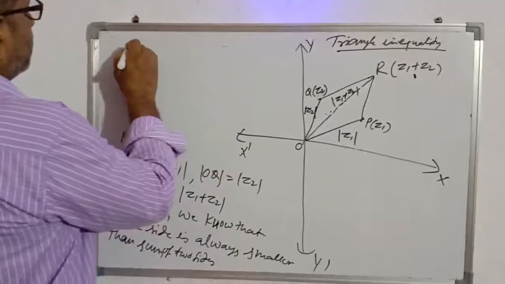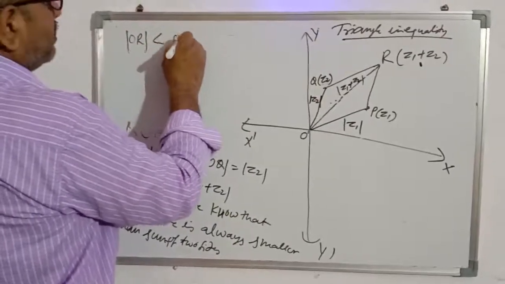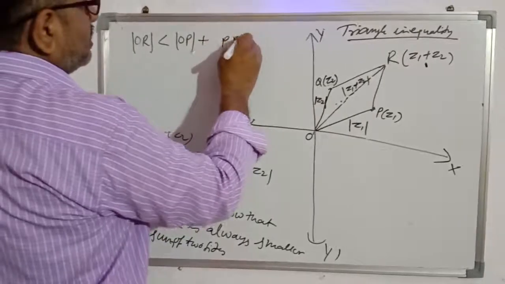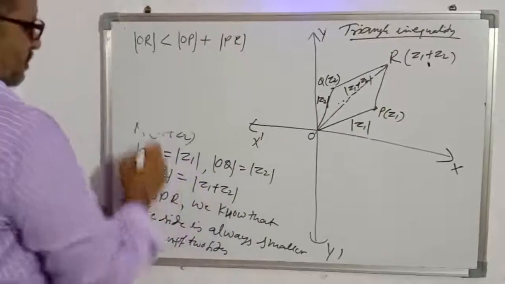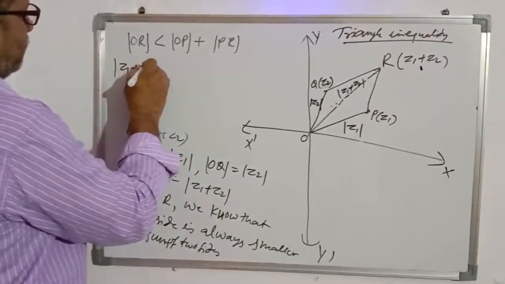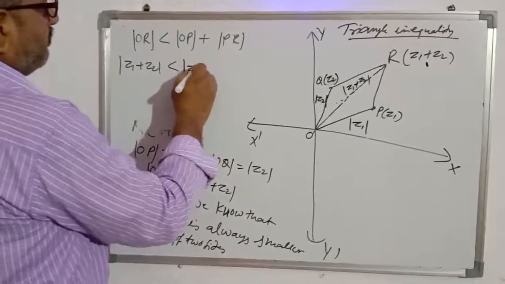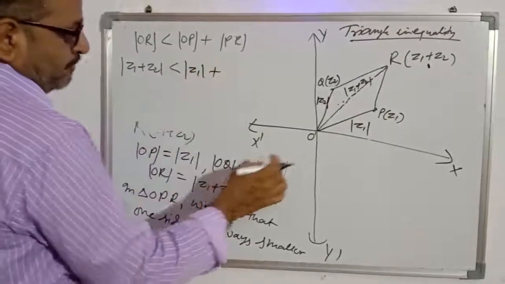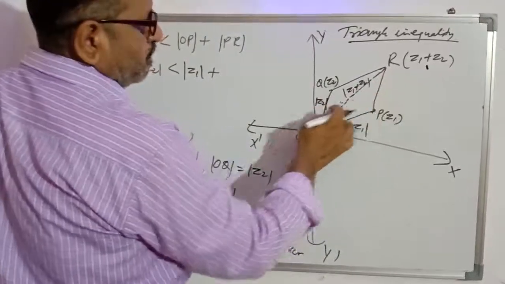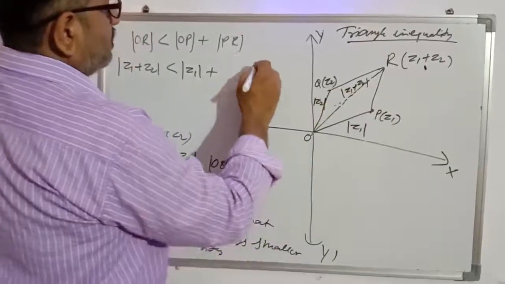So one side OR will be smaller than OP plus PR. OR is what? Mod of Z1 plus Z2, and OP is mod of Z1. PR and OQ: it is a parallelogram, so opposite sides are equal, so PR and OQ will be equal.